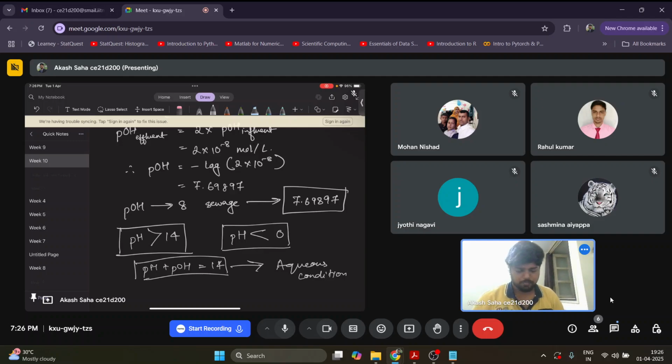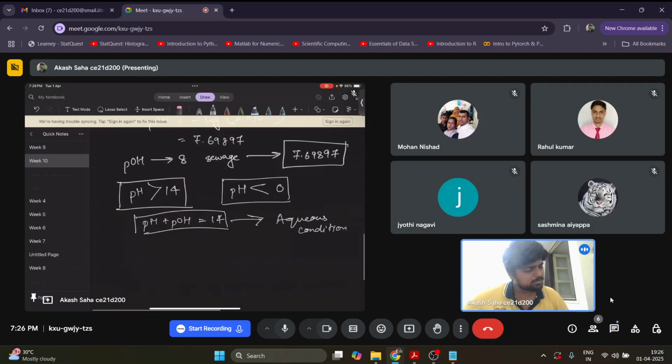We define pH as negative log of H plus ions, or let's say pOH, it is negative log of OH minus ions.